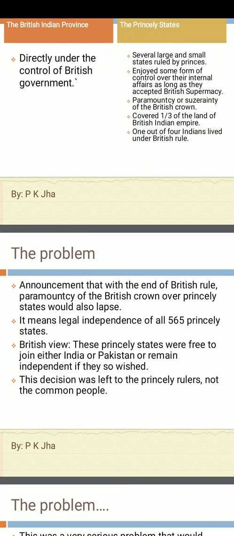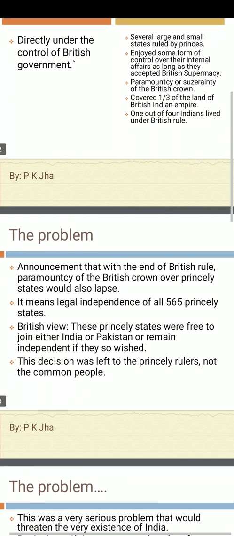In fact, the problem was one announcement that had been made by the British government before our independence, that with the end of the British rule over India, paramountcy of the British crown over princely states would also lapse, obviously, and this meant that all these states, as many as 565 in all, would become legally independent.